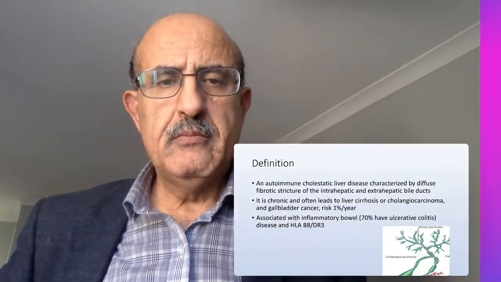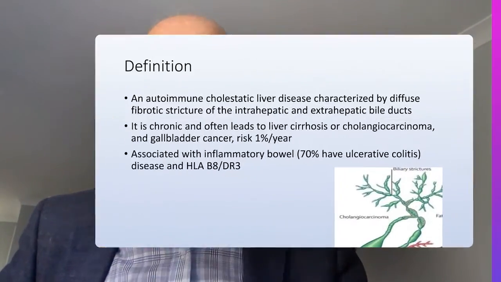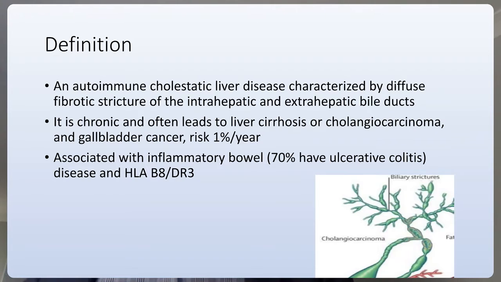In general, and by definition, this disease is considered as one of the autoimmune diseases, and the autoimmune disease here is targeting the biliary tree and possibly the liver substance itself, but most evidently the autoimmune reaction is against the epithelial lining of the bile duct, the cholangiocytes.